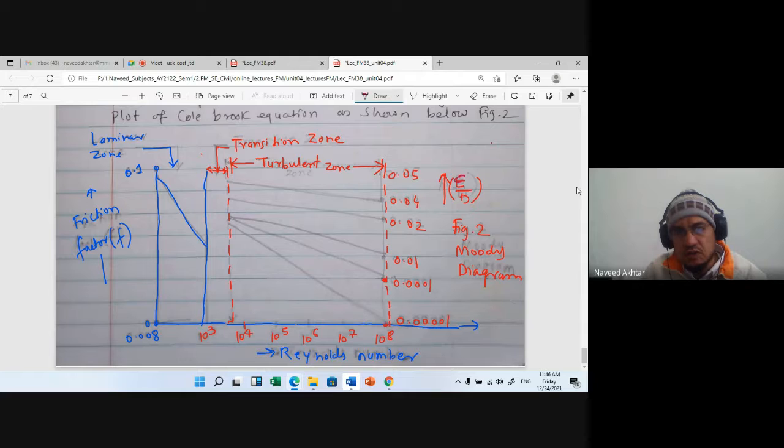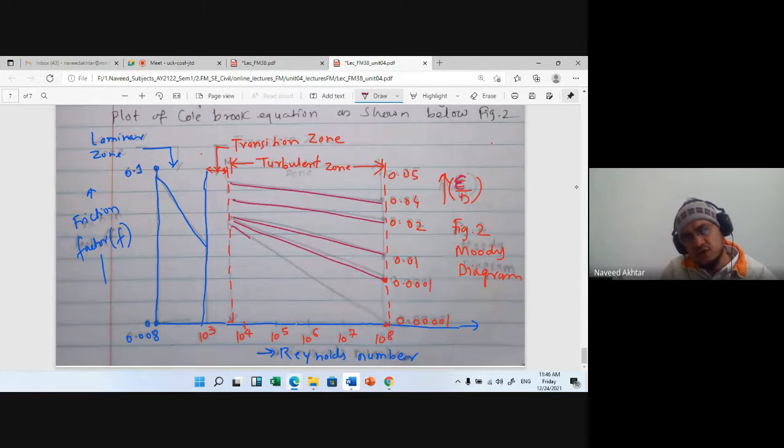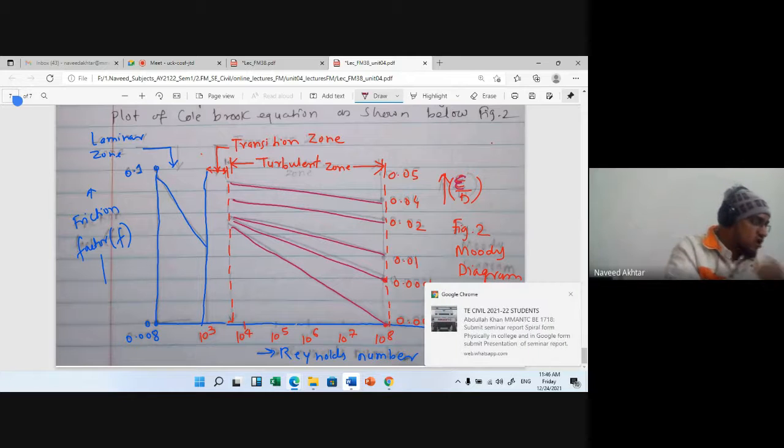This is the Moody's diagram, and for turbulent flow, based on the Reynolds number, we define turbulent and transition flow. So this is nothing but your Moody's diagram. From the Moody's diagram, you can find out the friction factor by knowing the Reynolds number. So this is for today's lecture about the friction factor.